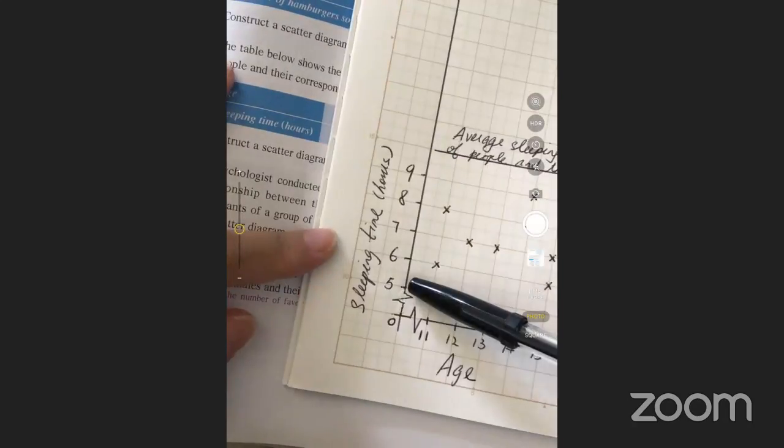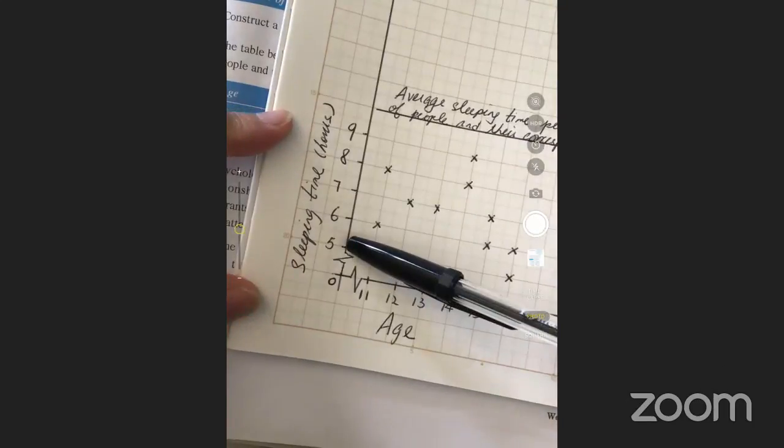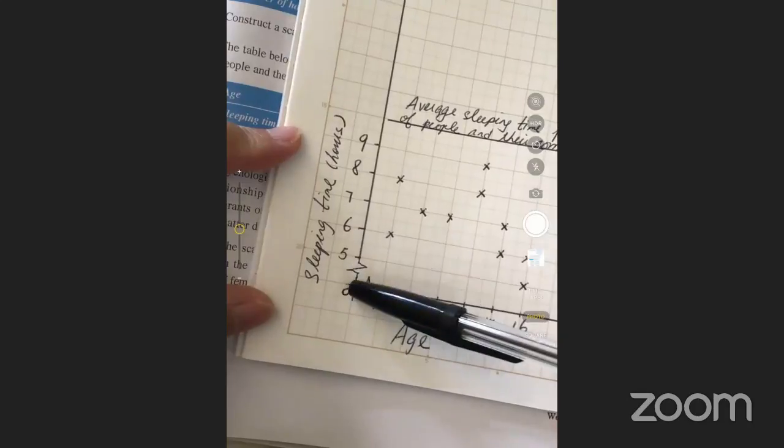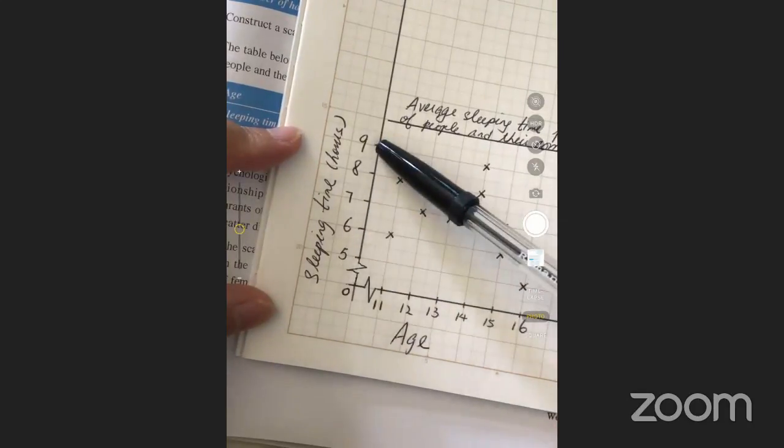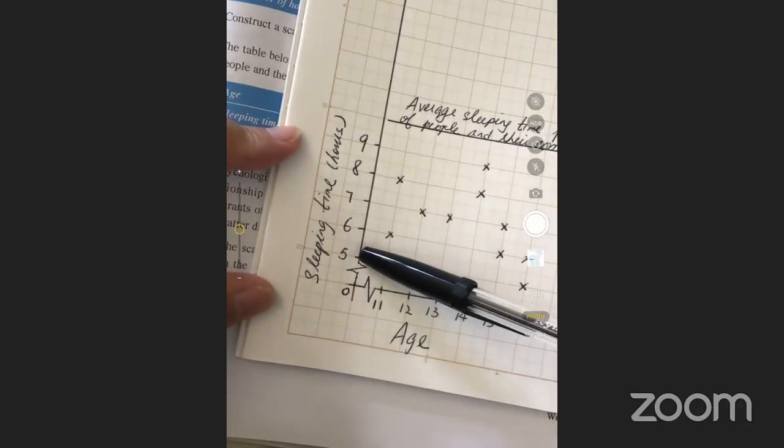On this axis, I want to show the information of the sleeping time, and if there's a unit for it, I write the unit here. The measurement for the sleeping time will be hours. I would like to start with 5. Instead of 0, 1, 2, 3, 4, 5, I skip all those values 1 to 4, and quickly start with 5 here.